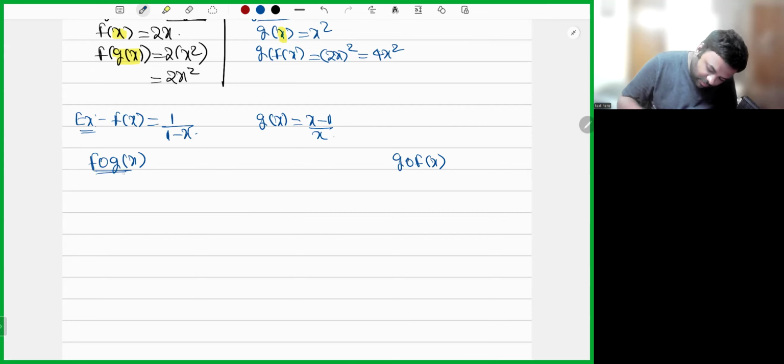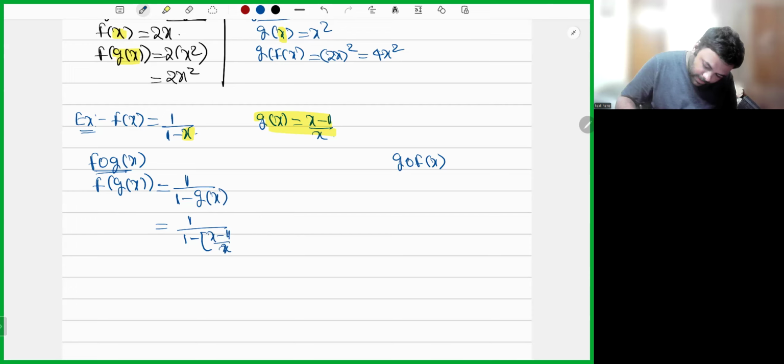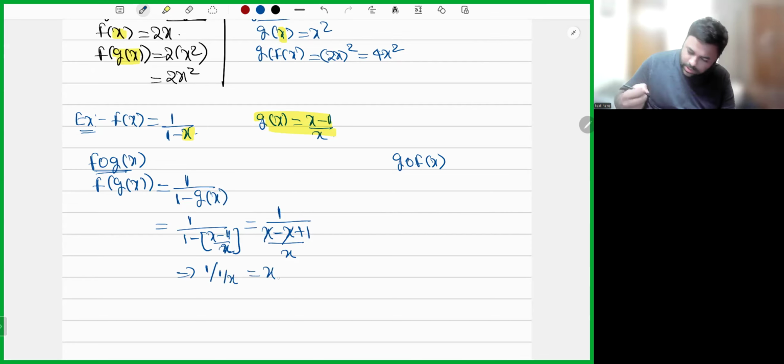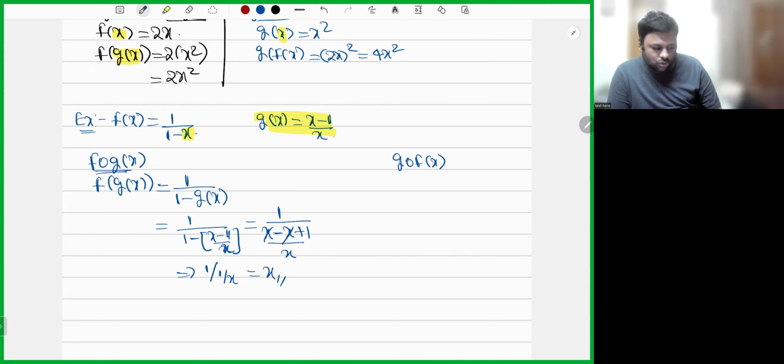Fog x means f of g of x, means instead of x here, I'll substitute this g of x. So it will be 1 divided by 1 minus g of x, 1 divided by 1 minus x minus 1 by x. 1 divided by x minus x plus 1 divided by x. x cancels. 1 divided by 1 by x. x goes to the numerator. That is f of g of x.